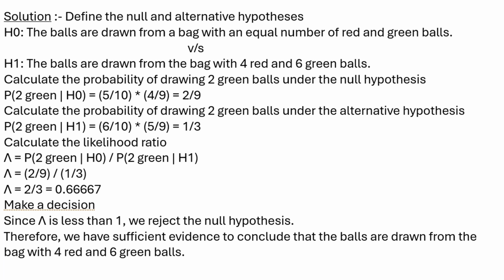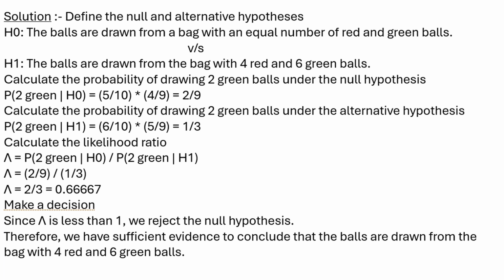So we do it. We first define formally the null and the alternative hypothesis. The null hypothesis H0 states that the balls are drawn from a bag with an equal number of red and green balls, whereas the alternative hypothesis H1 says that the balls are drawn from the bag with 4 red and 6 green balls.